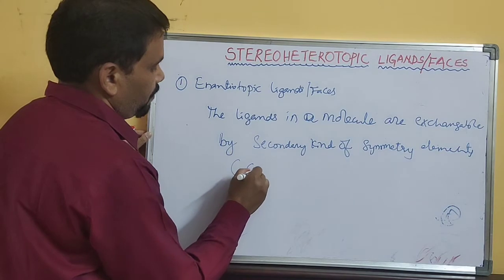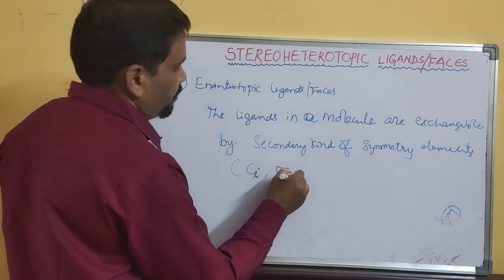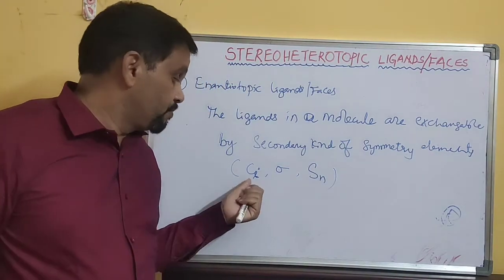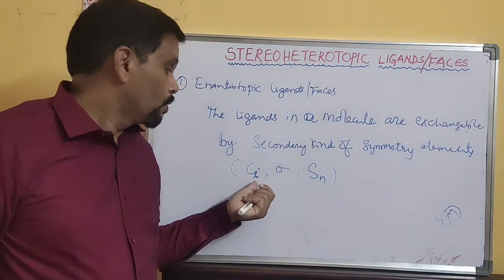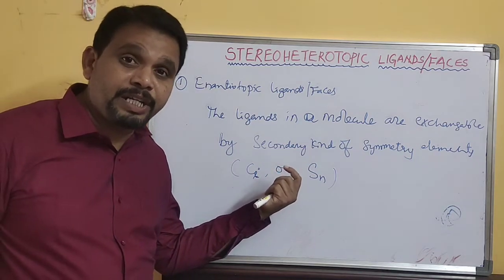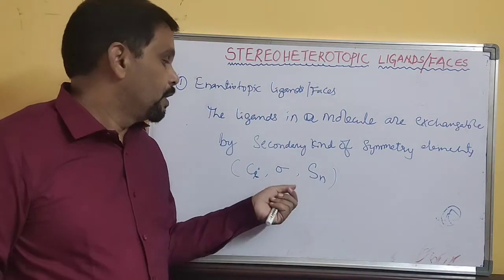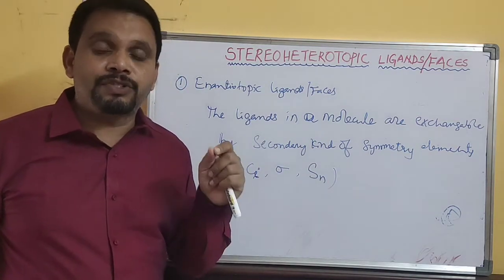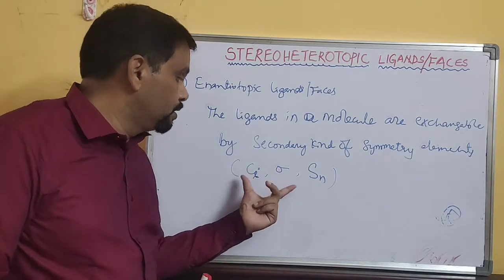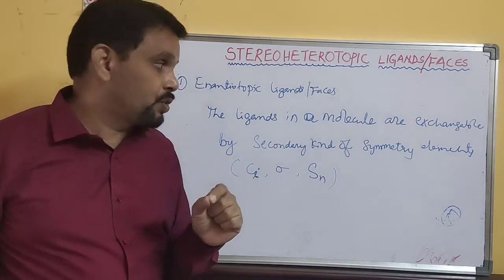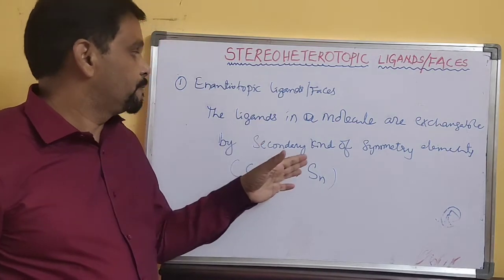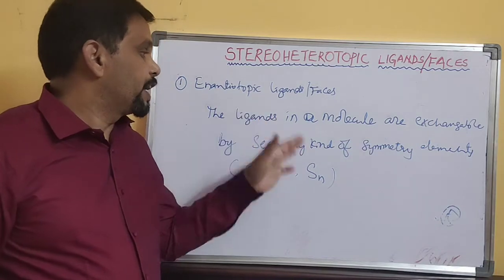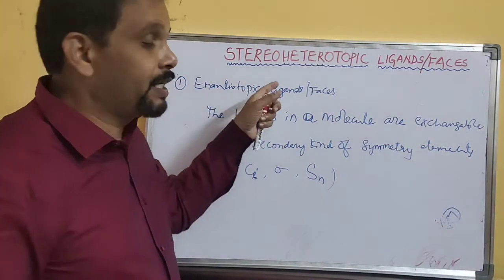What is Ci? Center of inversion or center of symmetry. What about sigma? In symmetry elements, it is the plane of symmetry. And what about Sn? It indicates the alternating axis of symmetry. So if these three kinds of symmetry elements make the ligands exchangeable, then they can be considered as enantiotopic ligands.